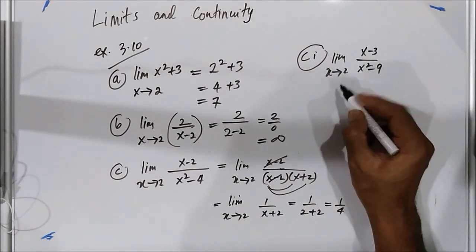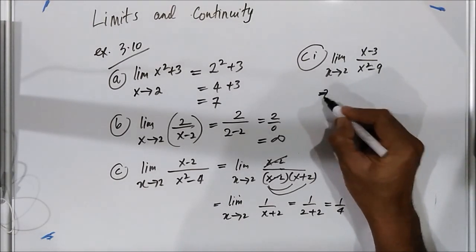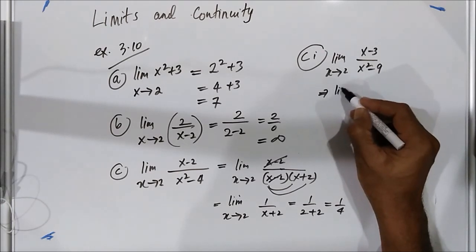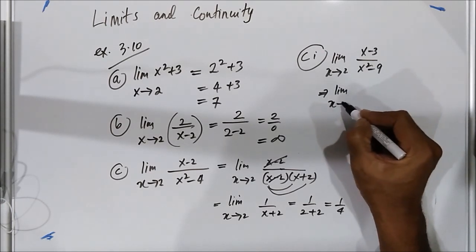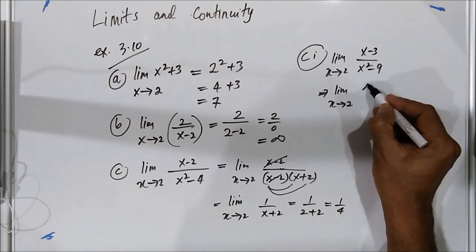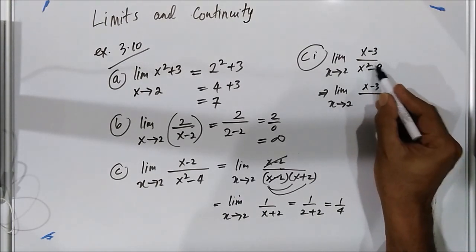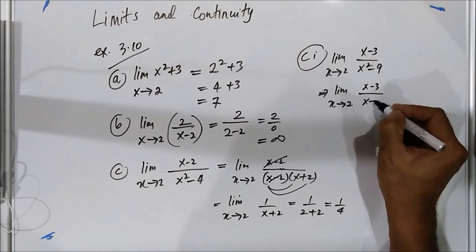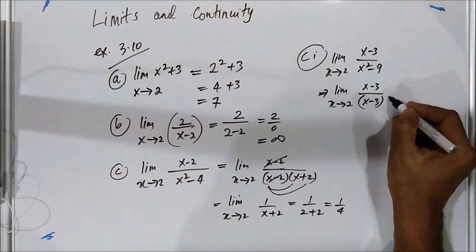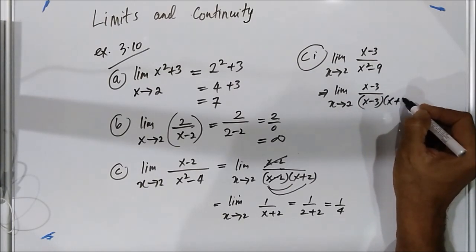The simple way to solve this one is to write it as the limit as x approaches 2 of x minus 3 over, since x squared minus 9 is (x minus 3) multiplied by (x plus 3).